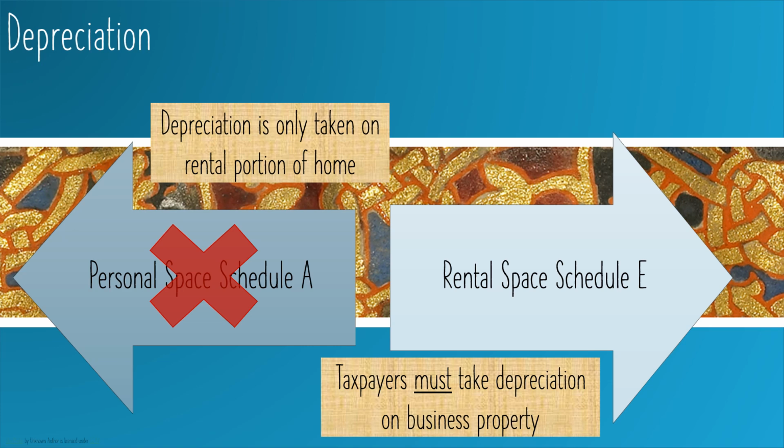Taxpayers are expected to take depreciation on business property. They must take depreciation. This can run some taxpayers into trouble if they don't realize they're supposed to be taking it, because when they go to sell the home, there's something called depreciation recapture, and they might find that they owe more money.